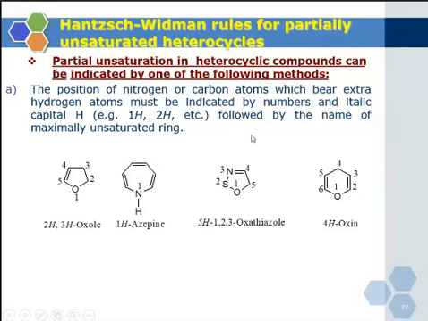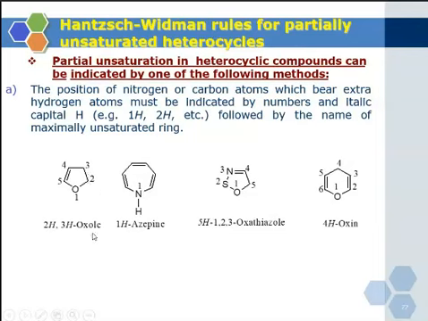And this should be followed by the name of the maximally unsaturated ring. For example, when we talk about a partially unsaturated ring like this, here one bond is saturated and here it is unsaturated. So the ring structure is called a partially unsaturated heterocyclic ring. Here we can see position number 2 and position number 3 are associated with one hydrogen atom each.